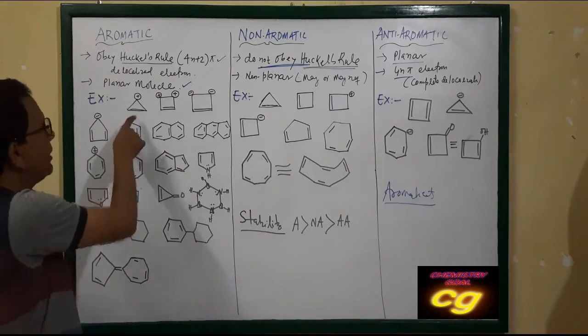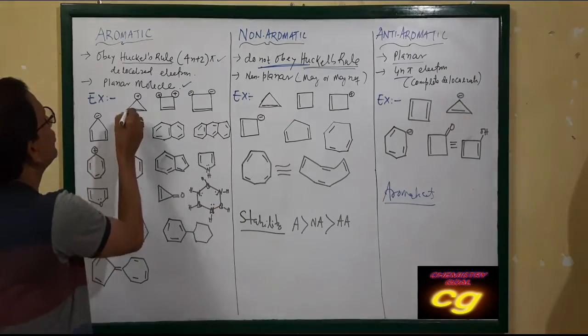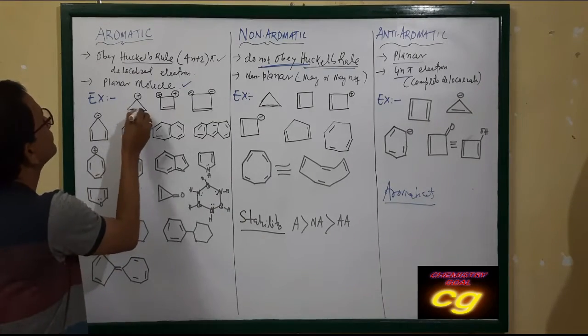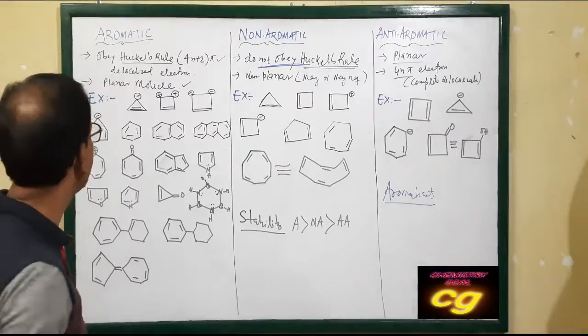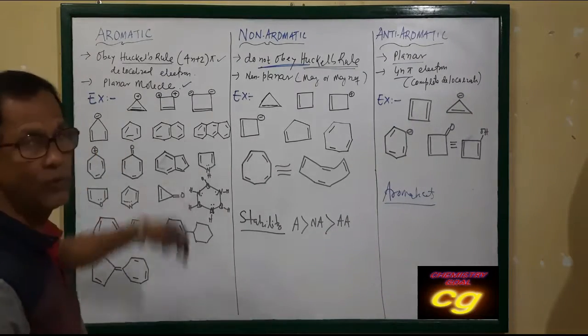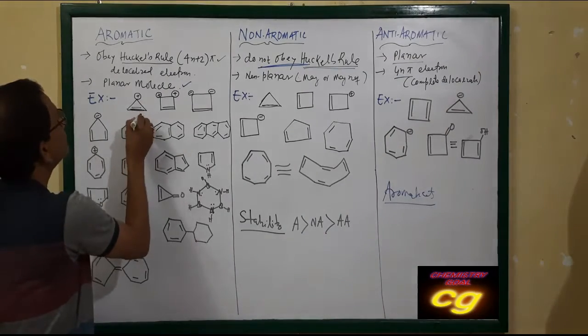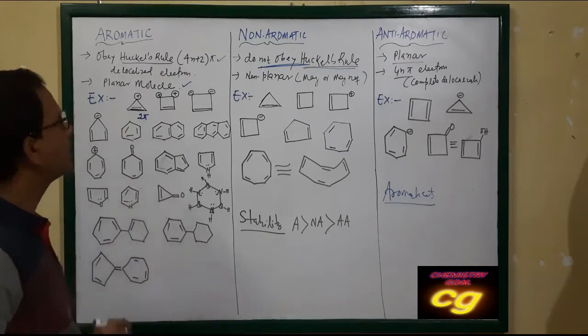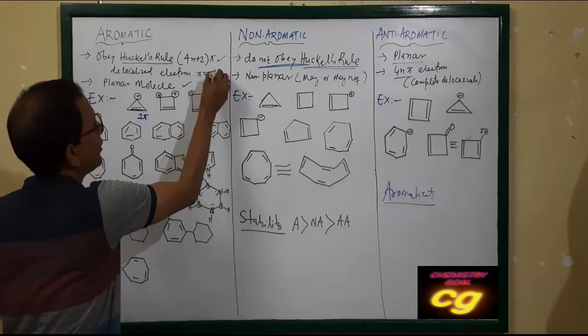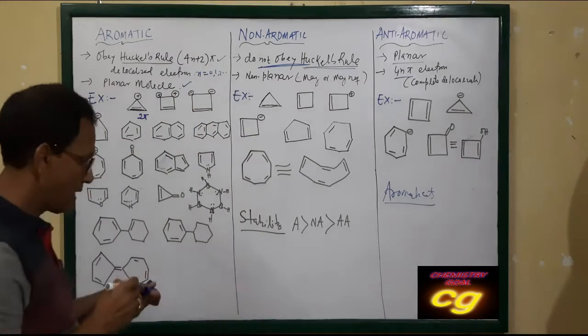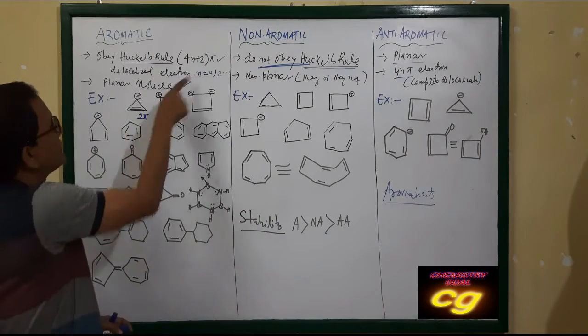This compound is the cyclopropenyl cation. It has one double bond. If you see the number of pi electrons, it is 2 pi. 2 pi electrons means when n is equal to 0, that is the first case, 2 pi.